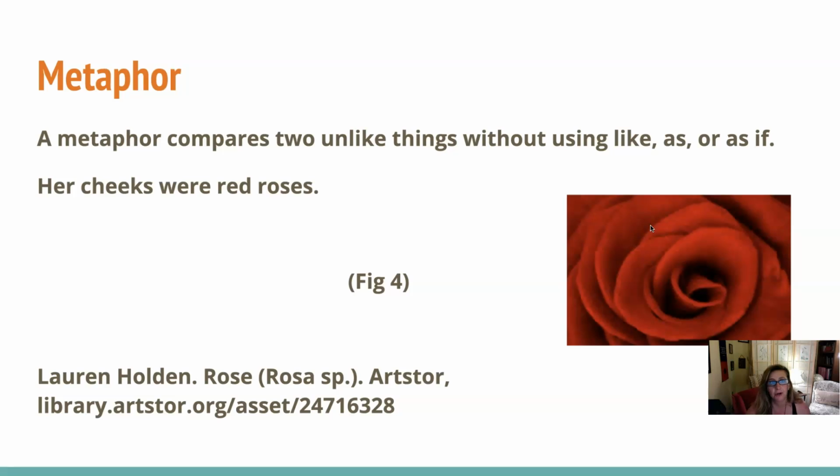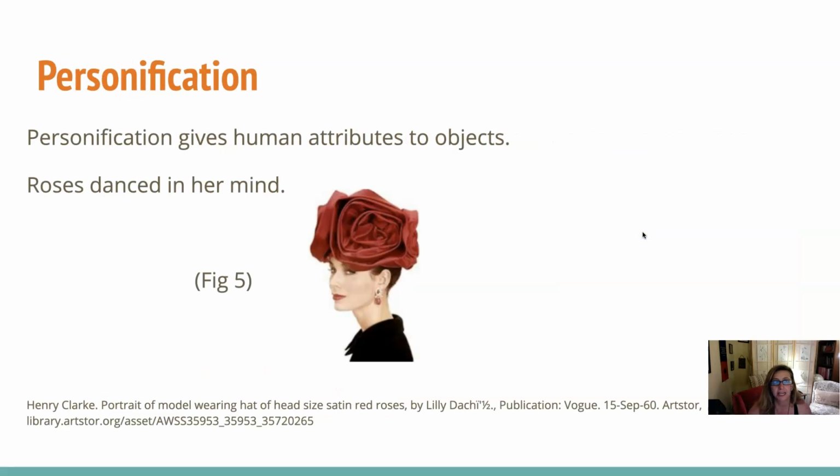A metaphor compares two unlike things without using like, as, or as if. So her cheeks were red roses. Just come out and say it. They were red roses. They weren't using like, as, or as if. Her cheeks were red roses. That's a metaphor. Personification gives human attributes to objects.